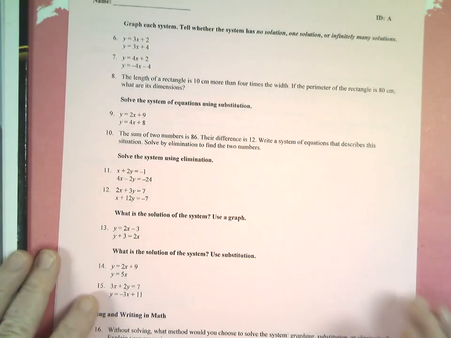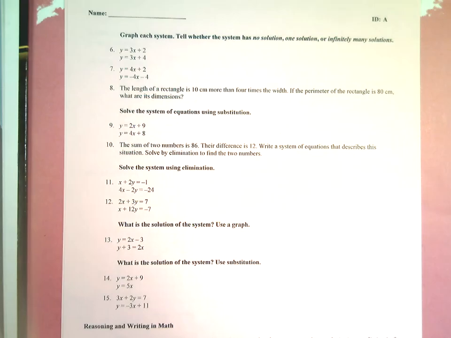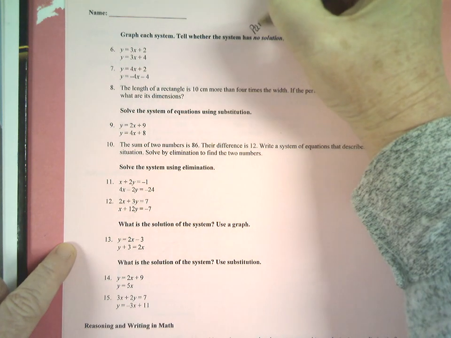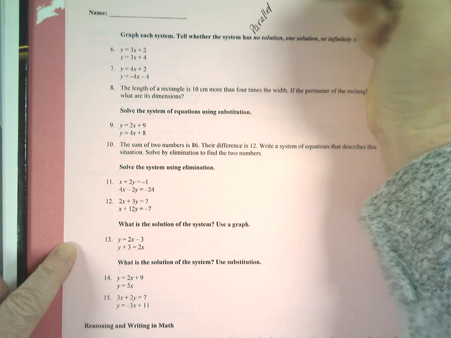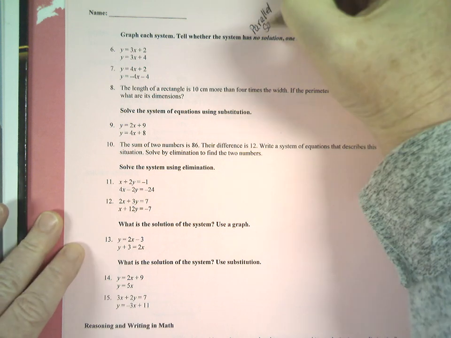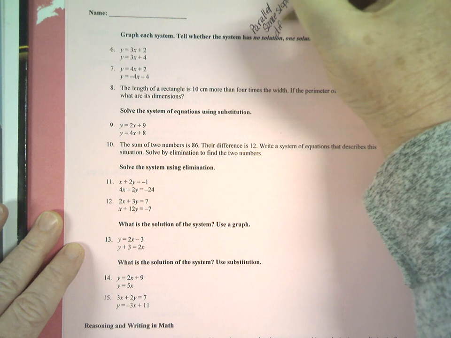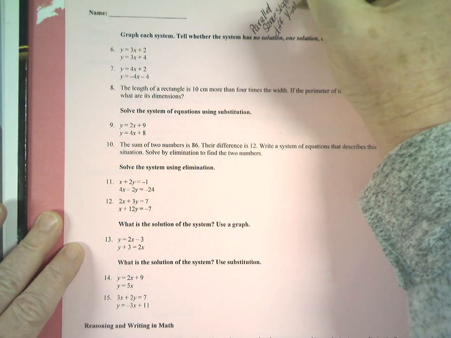Number 6, tell whether the system has no solution, one solution, or infinitely many solutions. So let's jot down some notes here. If it has no solution, it's parallel. Parallel means it has the same slope and different y-intercepts.